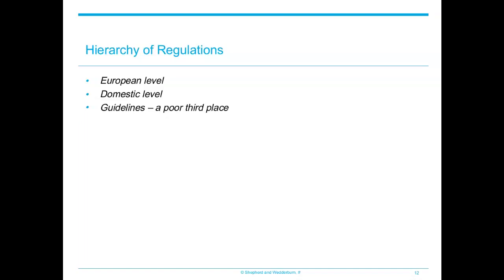Guidelines, as the Scottish Land Court has pointed out on a number of occasions, simply represent the Scottish Minister's own understanding of the regulations. They're not a statement of law, and quite frequently, as the Scottish Land Court has found in a number of subsidy appeal cases, the guidance is wrong.